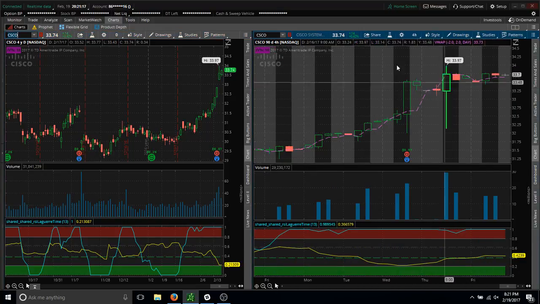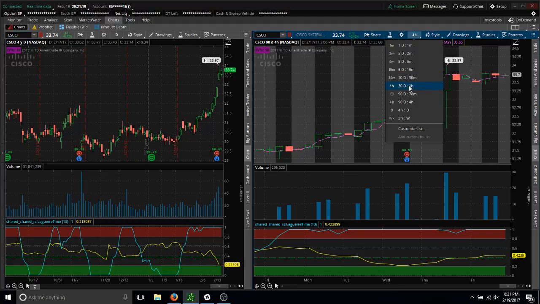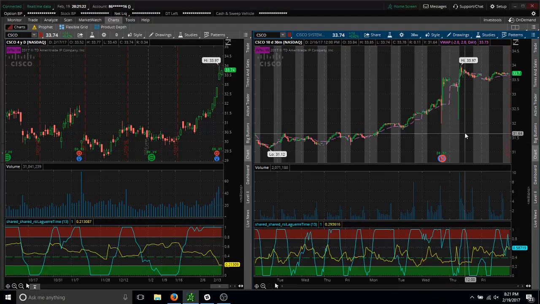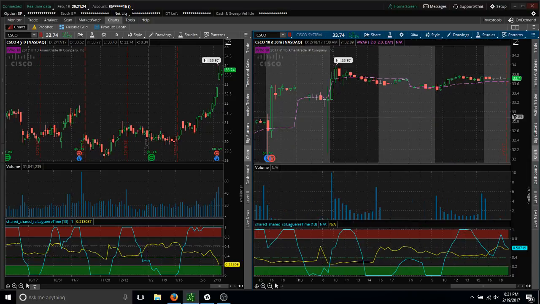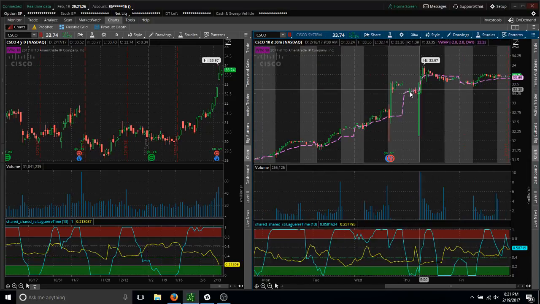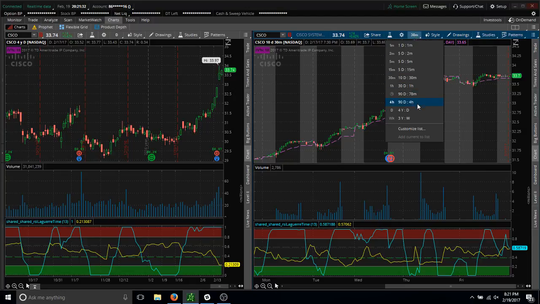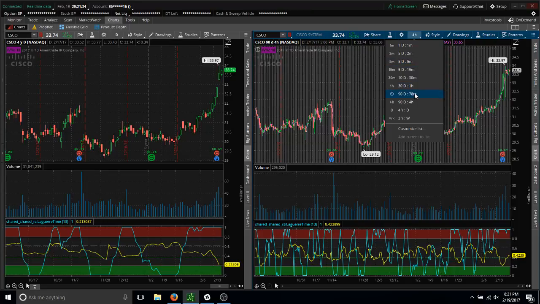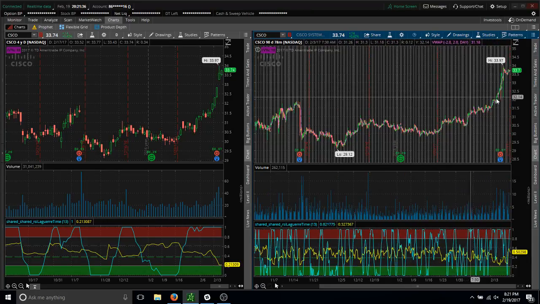But I would wait. Well, let's go in here and actually look at it a little bit closer. So you're hitting the top and then you see a higher low. So yeah, this isn't too bad. Our 4-hour indicator isn't turning over yet. 78-minute.